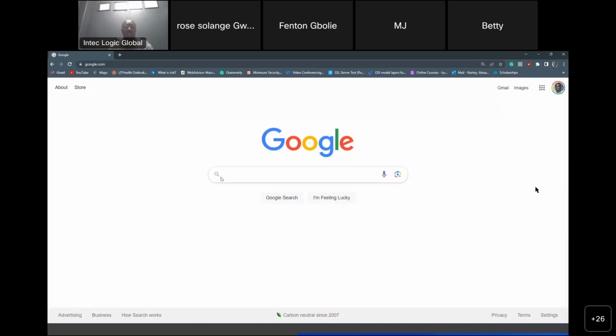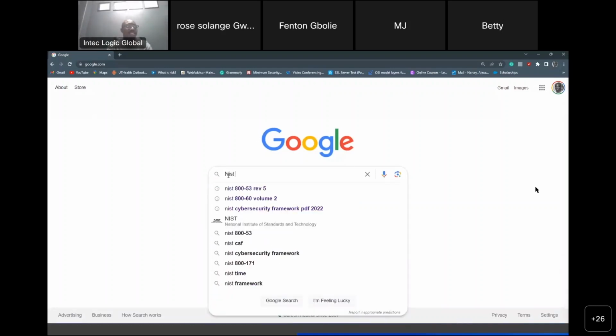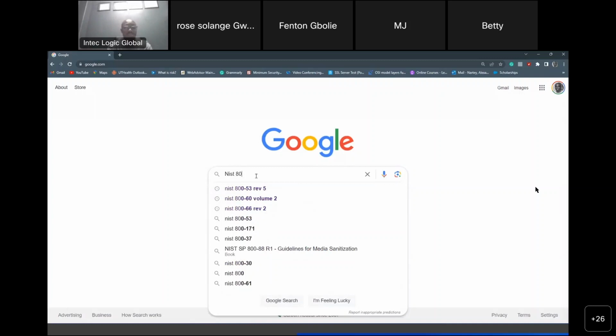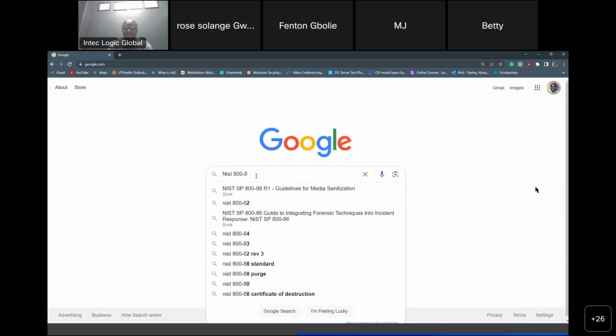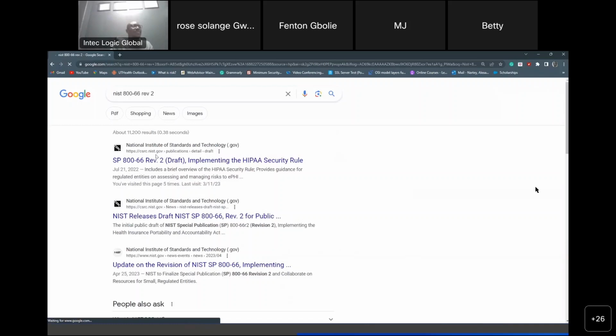They also provided a publication to guide covered entities to perform a HIPAA assessment. That publication is NIST 800-66 Rev 2.